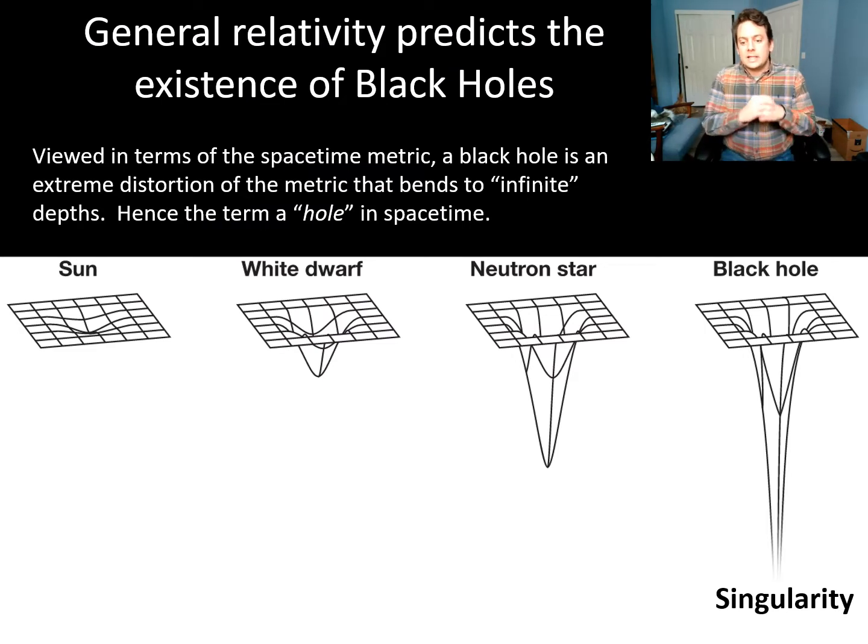So as we discussed in the last lecture, one of the fundamental aspects of general relativity is a complete reimagining of the source of gravity, why gravity exists.